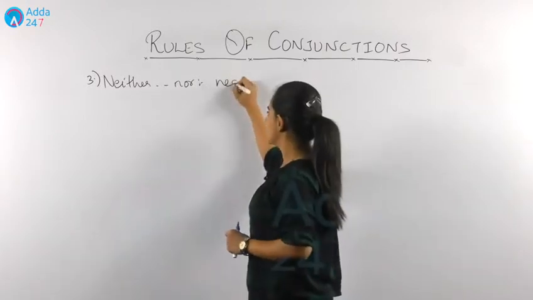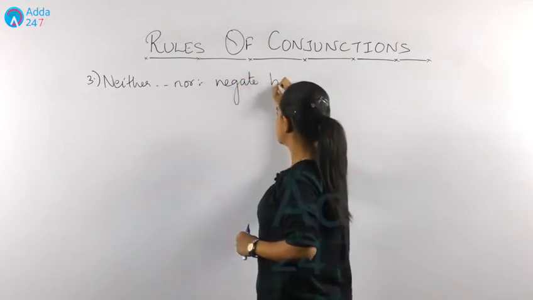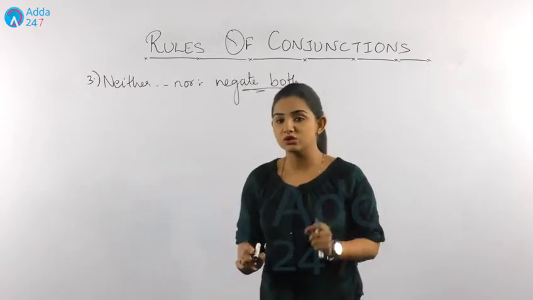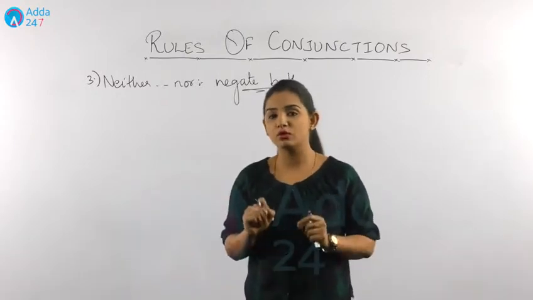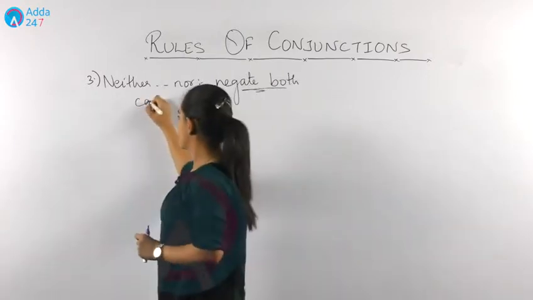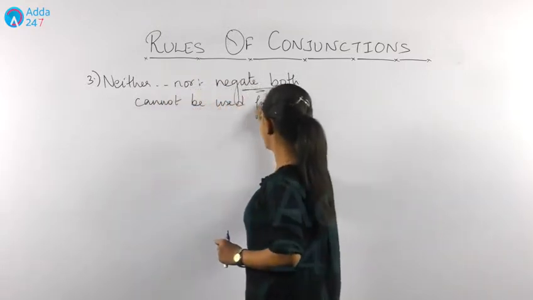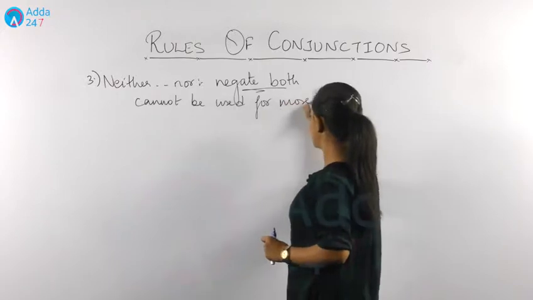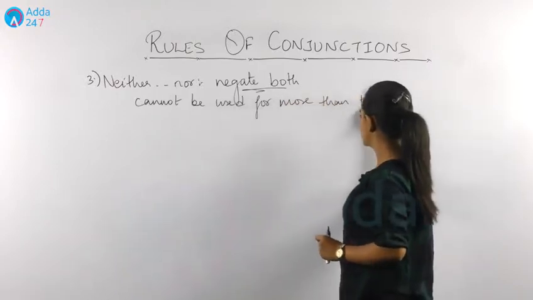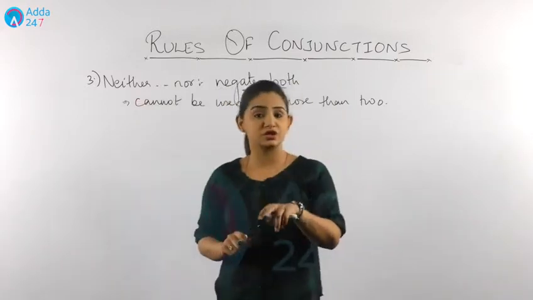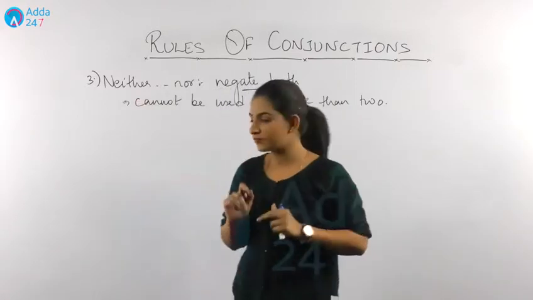So what do we use? When we have to negate both. One more condition, you cannot use neither nor for more than two. It will only be used for two subjects, two conditions, but not for more than two, right?